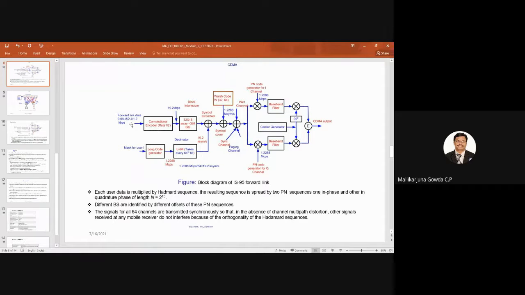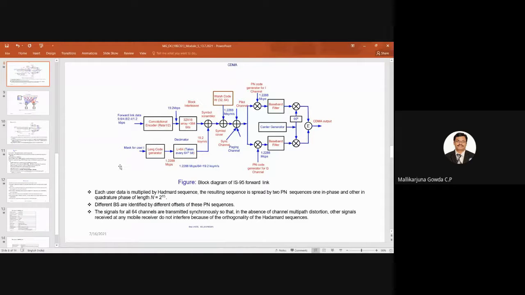The 2400 is multiplied by 4 to get 9600 bps. Similarly, the 1200 bps is multiplied by 8 to get a data rate of 9.6 kbps, which is constant. The output of this convolutional encoder will be 9.2 kbps because of the coding rate of 1/2, right?